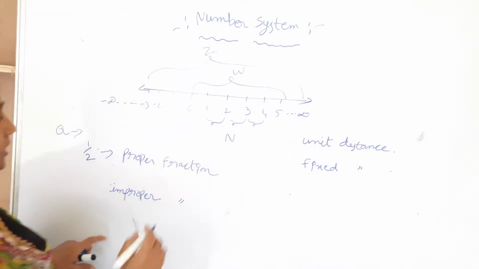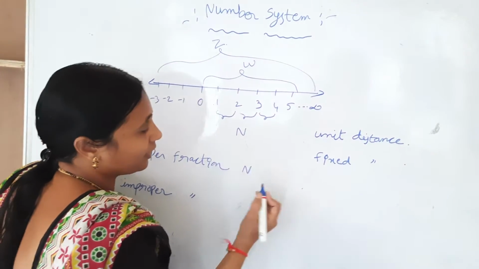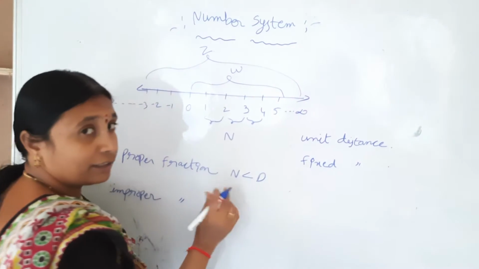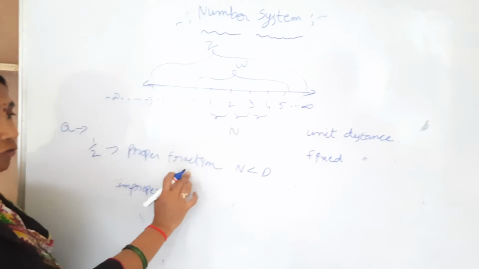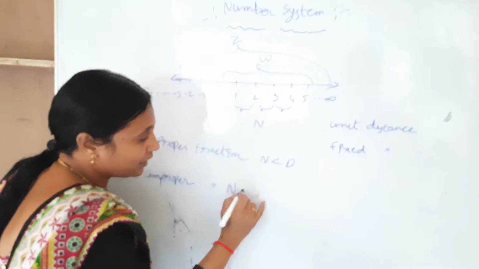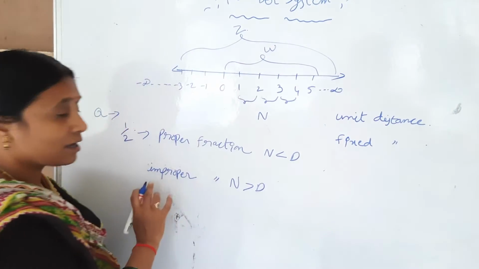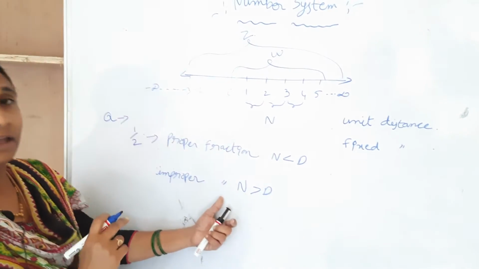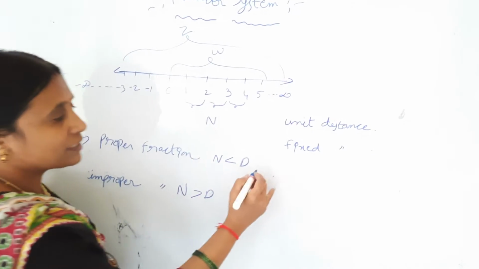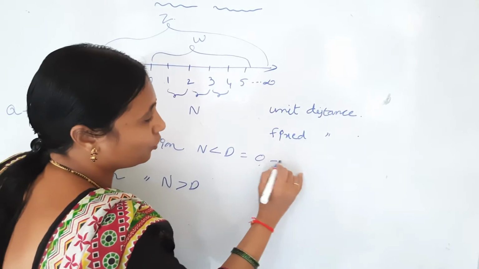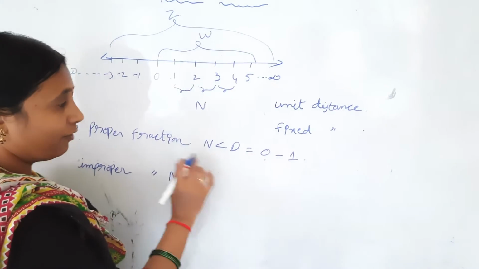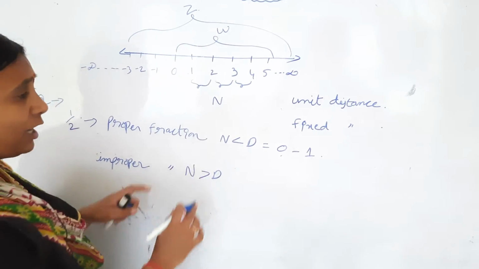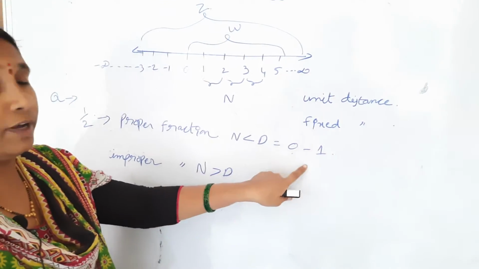A proper fraction is one where the numerator is less than the denominator. If the numerator is greater than the denominator, the fraction is called an improper fraction. For a proper fraction, the value is always between 0 and 1.